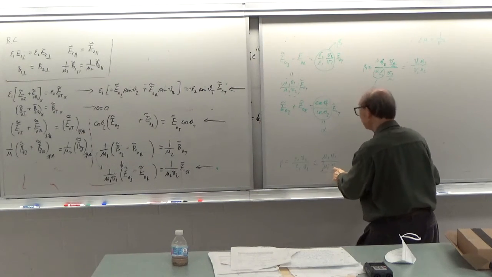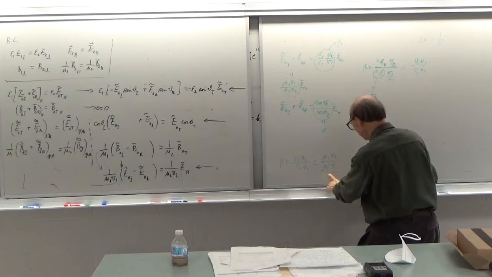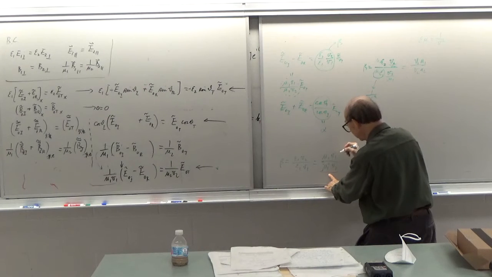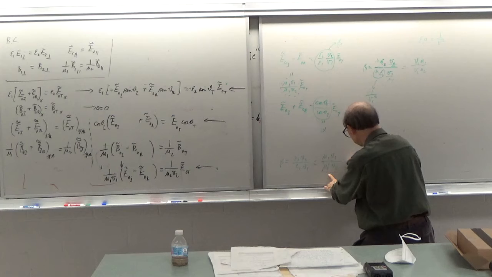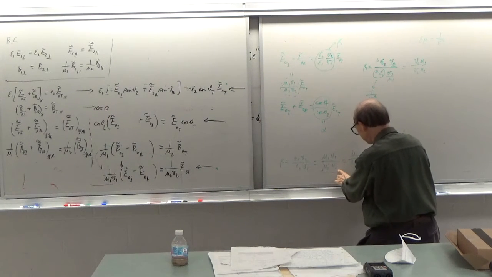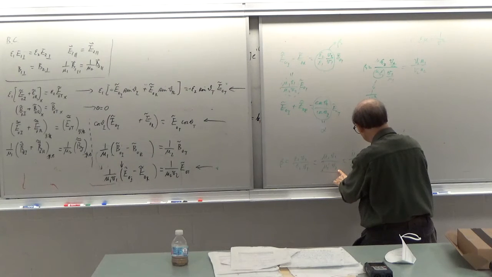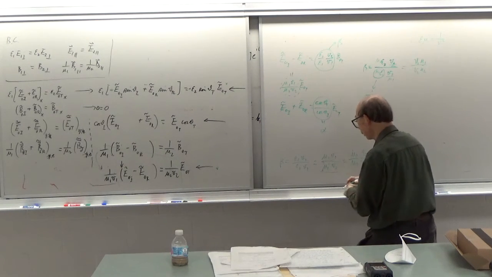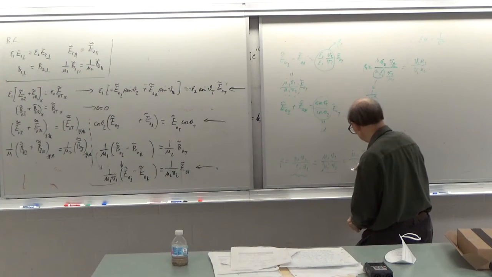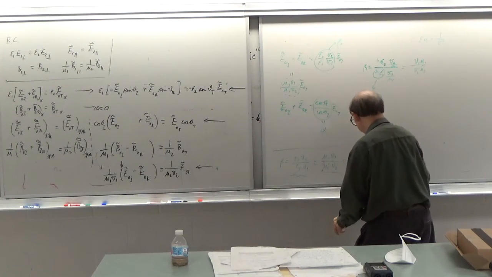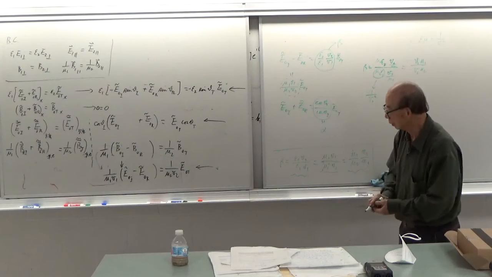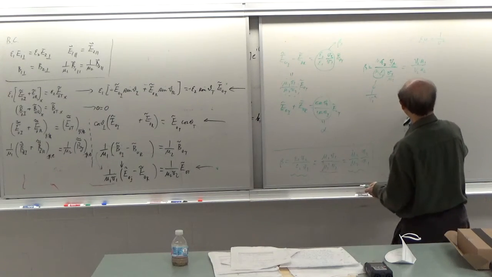Let me rewrite the second one: instead of V1 over V2, I can write it as the ratio of indices of refraction. So this is here mu 1 over mu 2, and V1 over V2 is nothing but N2 over N1. So beta is equal to this, and it also can be written as this. And we will have use for these two expressions in a moment.